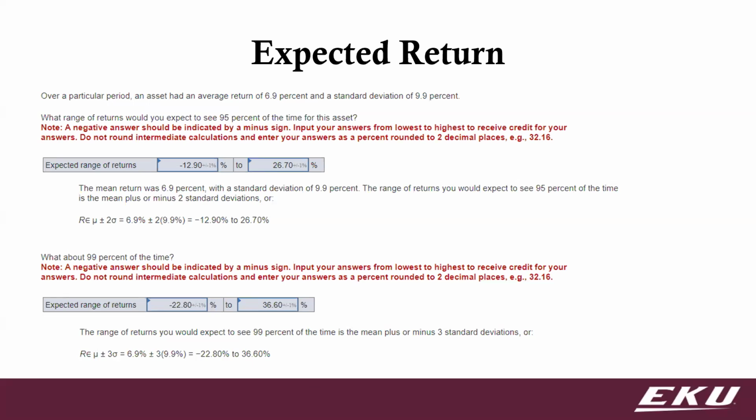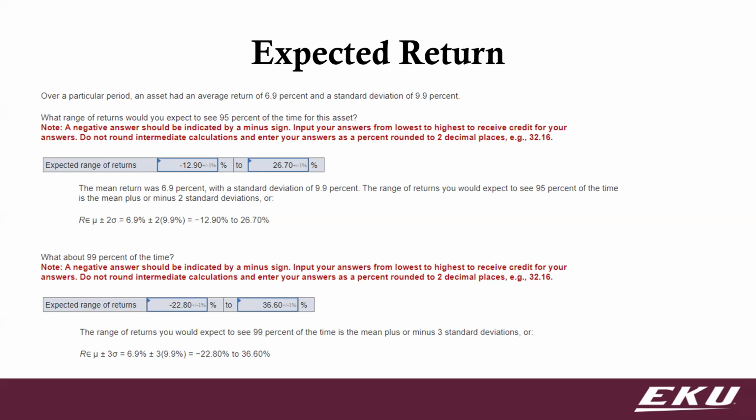Okay, here's one where we're calculating what our expected return is going to be, but this is with that confidence interval, right? So we were told that we have an average return of 6.9, our standard deviation's 9.9, and they're saying, okay, what would we expect to see 95% of the time?